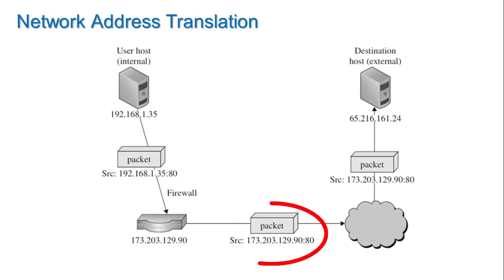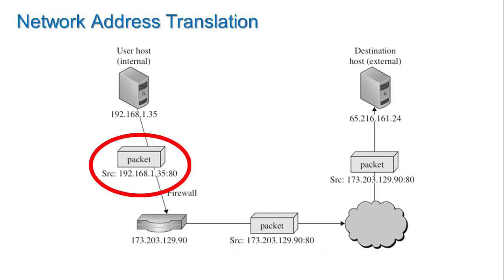The IP address of incoming packets will then be similarly translated by the firewall back into the internal host's real IP address. In this way, the real IP address of the internal host is never exposed or made visible to the outside world.